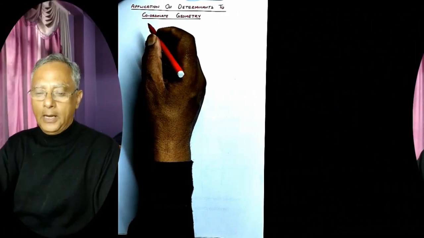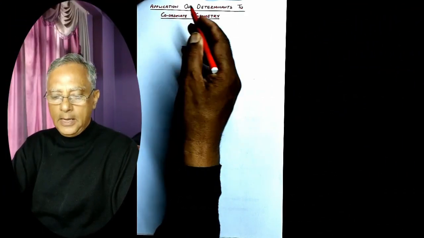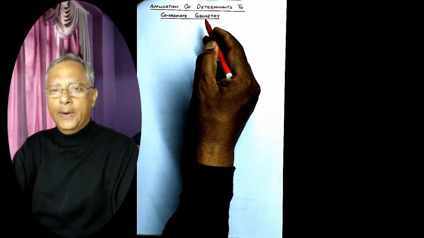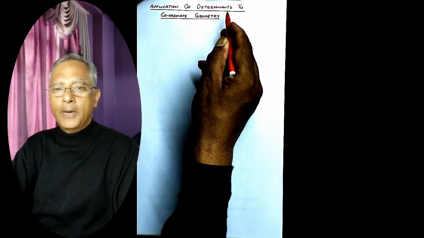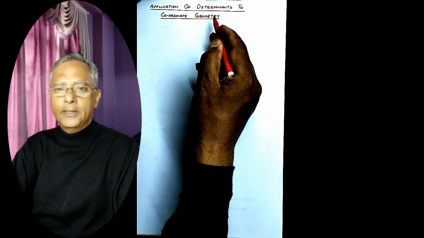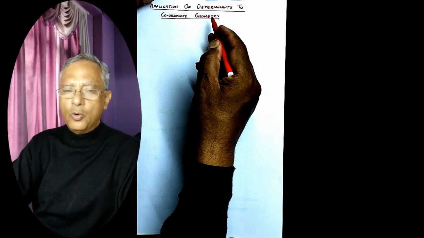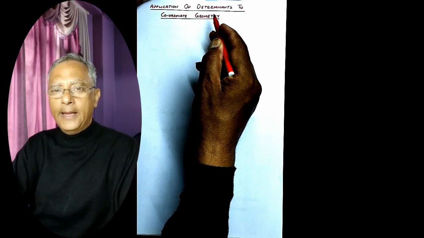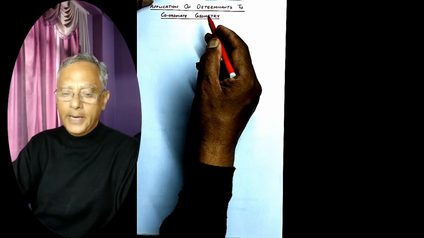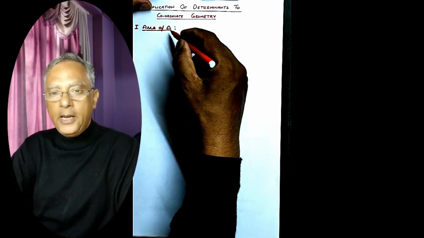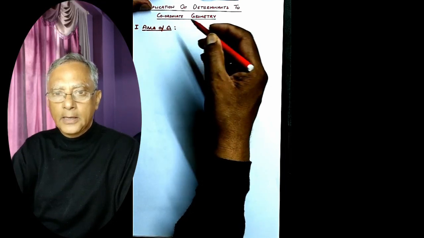The next topic I am going to discuss is application of determinants to coordinate geometry. And the first application is how to find the area of a triangle using determinants. So the first application is area of a triangle.